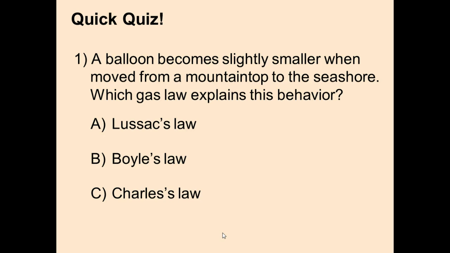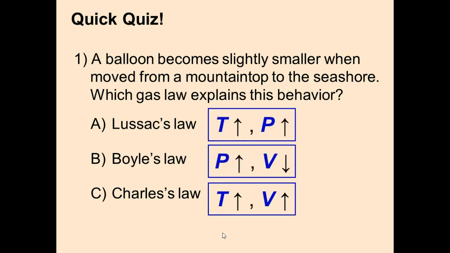And don't worry about remembering the laws. So I'm going to give you the correlations. So Gay-Lussac's law states that if temperature increases, pressure increases. And remember, this is a rigid container, so these containers can't change volume. Then we have Boyle's law, which is if pressure increases, volume decreases.